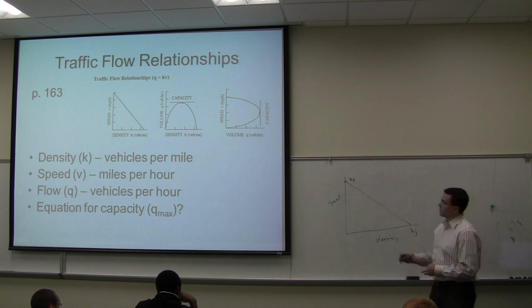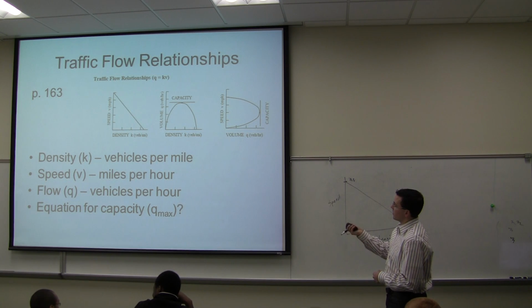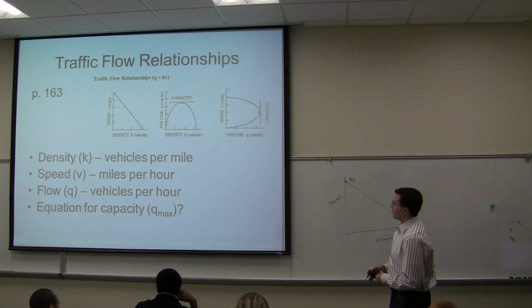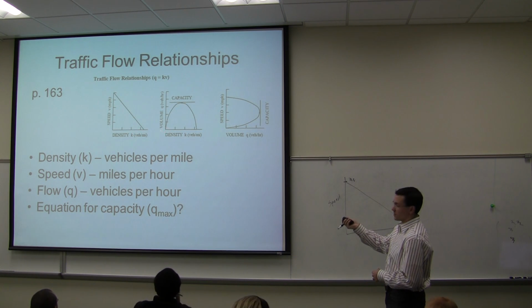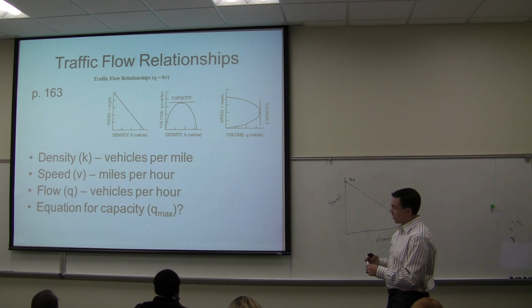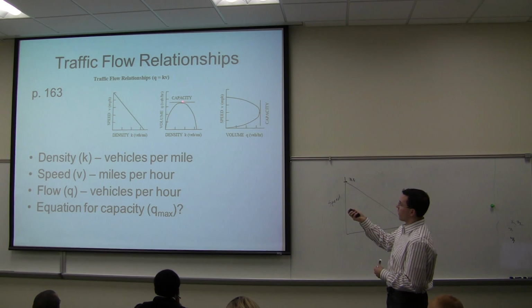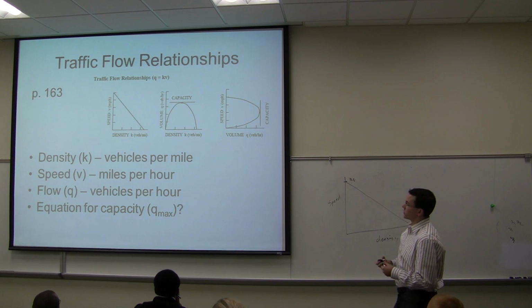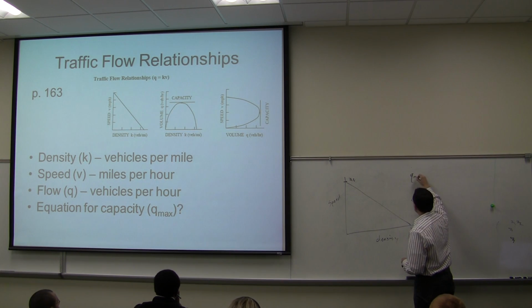That is this relationship here. Looking at volume and density, when you have no density, you won't have any volume or flow rate. As density increases, so does volume on the roadway up to a certain point, which is the roadway capacity, also Q max.